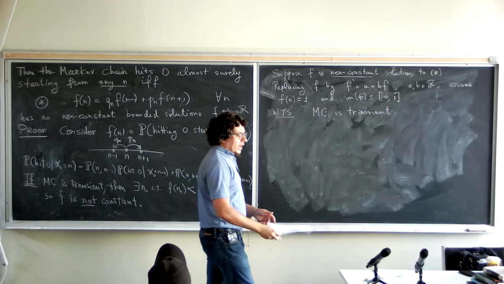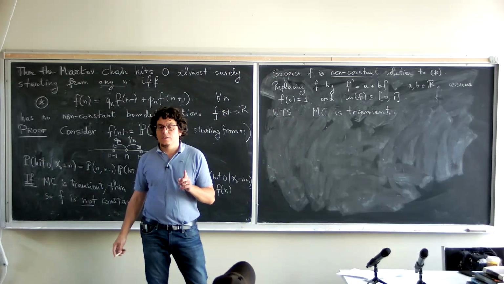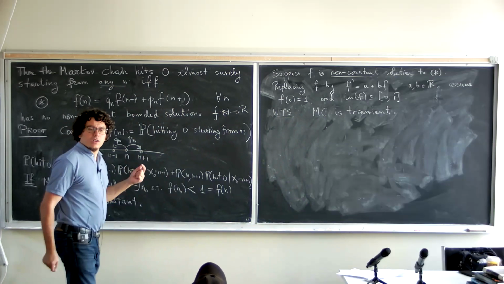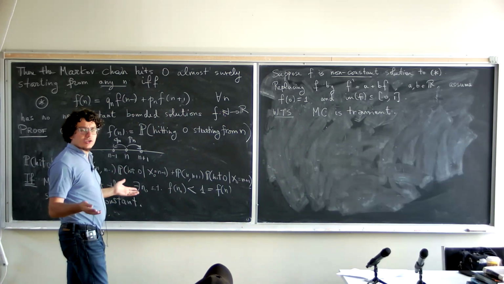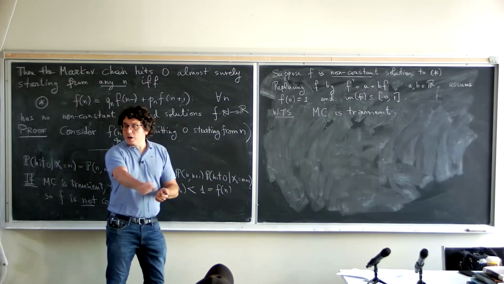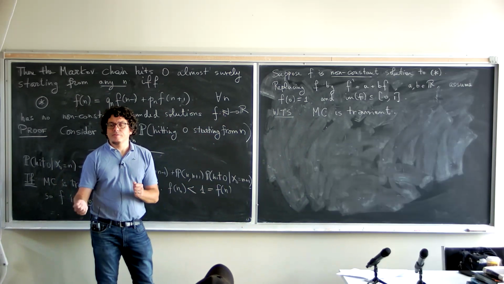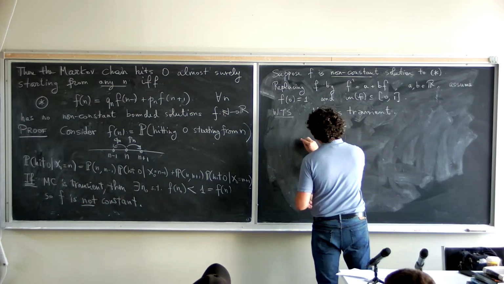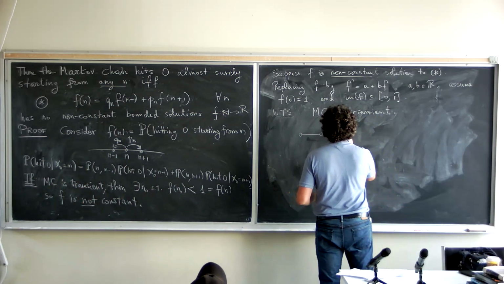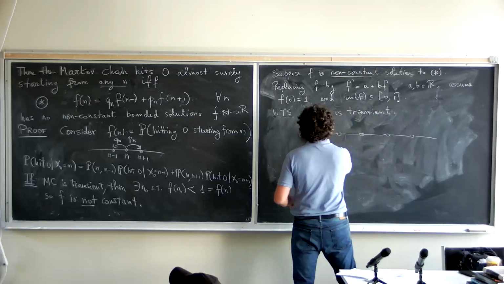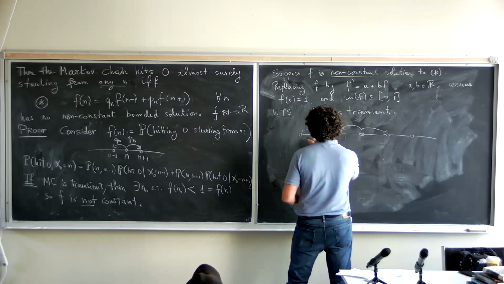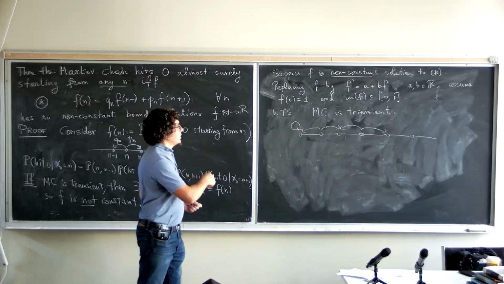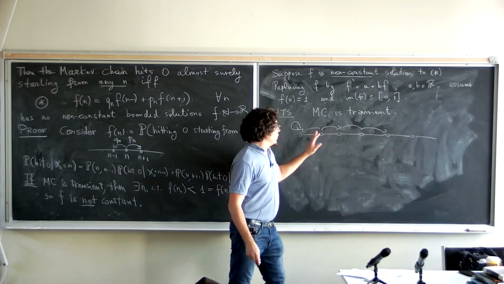Okay, so what's the idea here? We have a function now. This function is not a probability function, it's just some function. But we can run the chain. So think about this. Suppose you're running this chain. Suppose, for instance, that this chain always converges to 0.